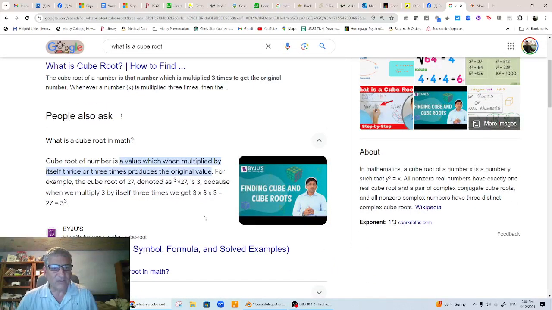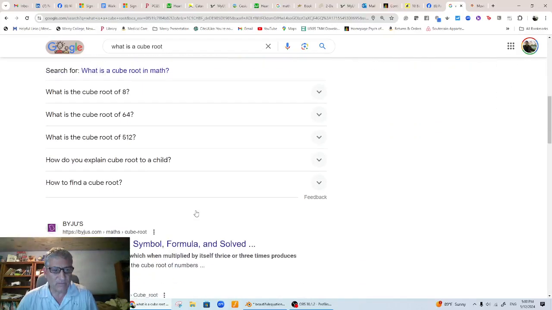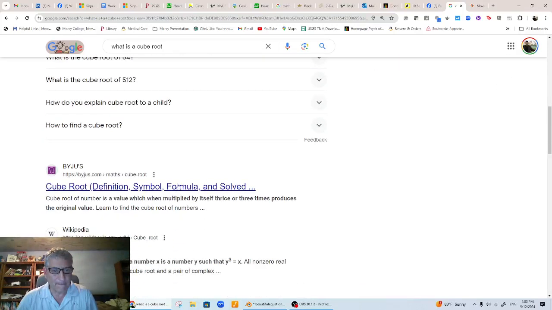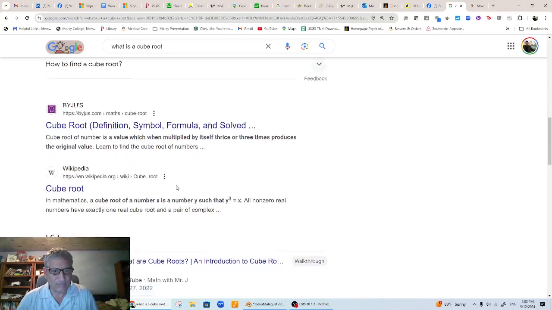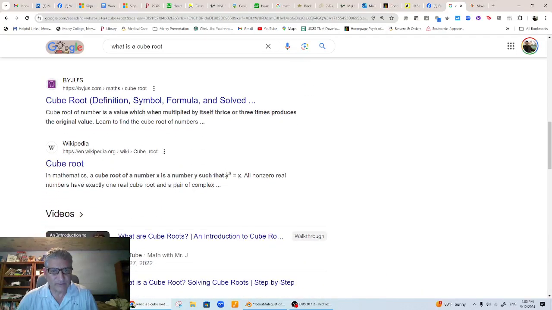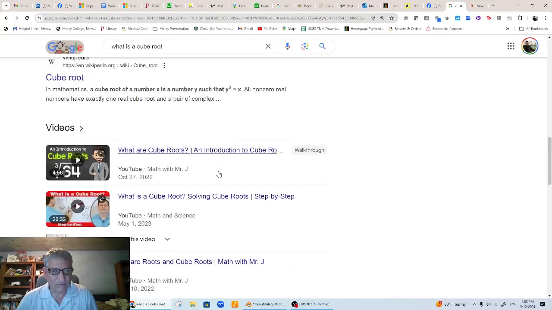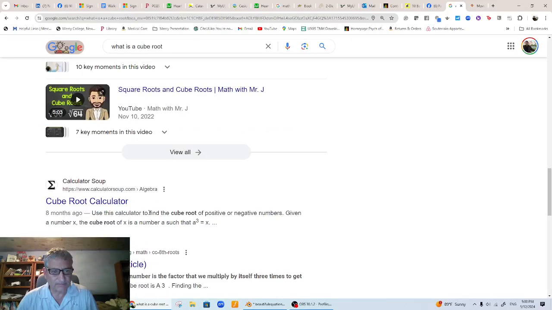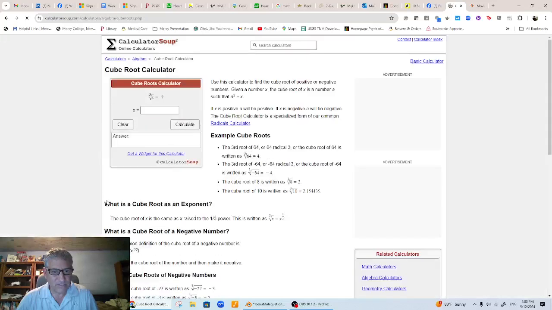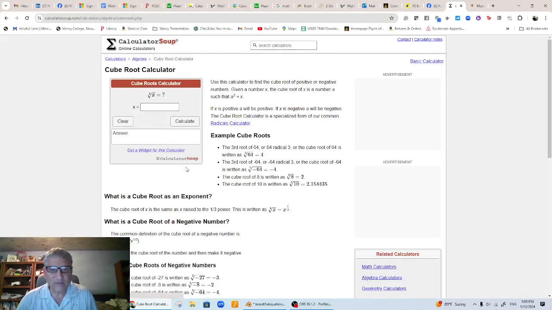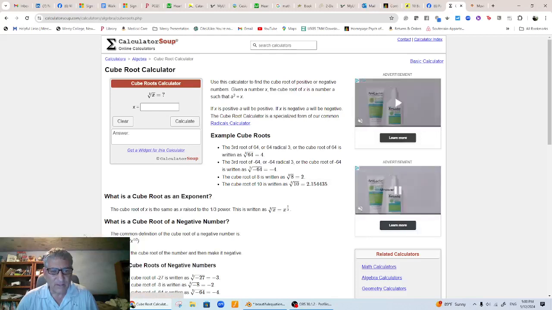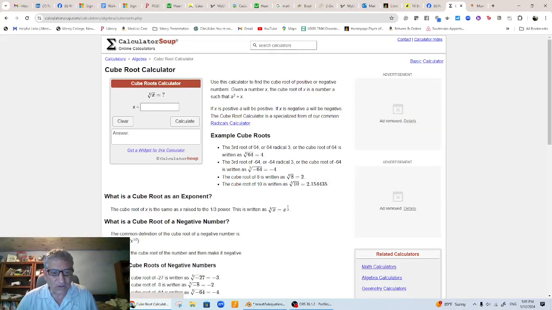Multiplied by itself thrice produces the original value. Yeah, how do you get a cube root? I don't have a cube root calculator. I don't need that. Yeah, okay, to the 1/3. Idiot. Can't remember high school.